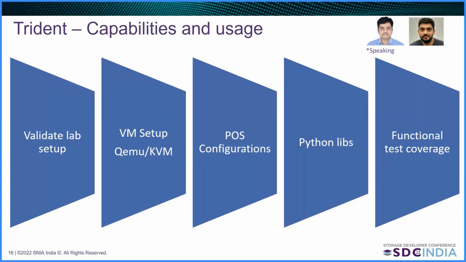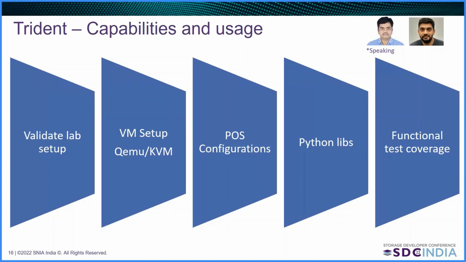When the user downloads Poseidon OS and builds it, to run the OS they require some prerequisites like the kernel version and the number of SSDs, which can be real SSDs or emulated NVMe devices, of a specific size. The minimum size of an SSD is 20 GB. All this validation has to be done to make sure that Poseidon OS is able to run on the given lab system. That validation can be done using a setup tool provided with Trident.